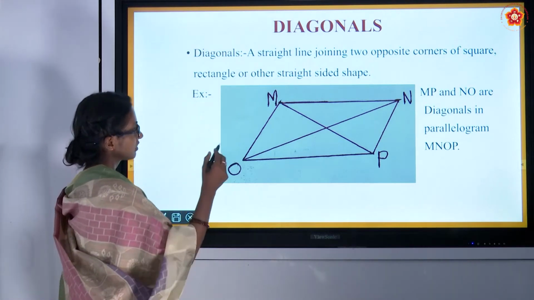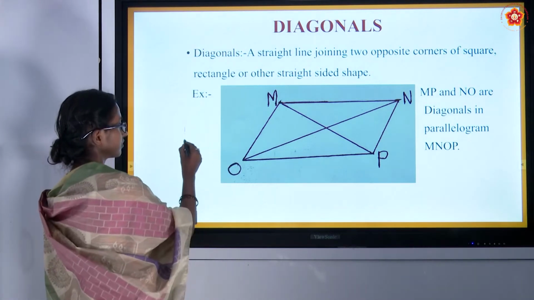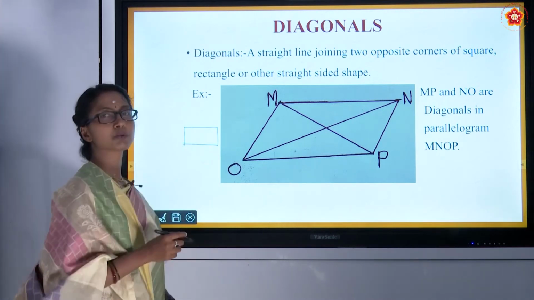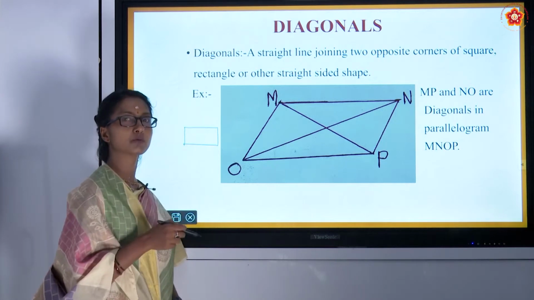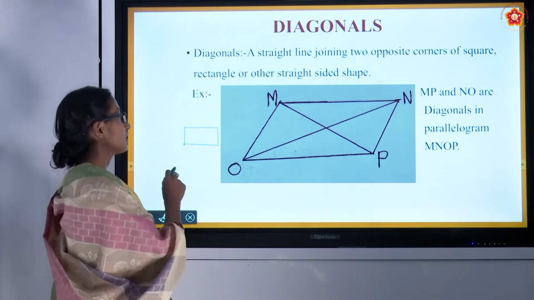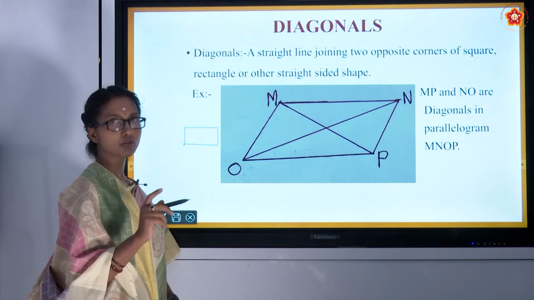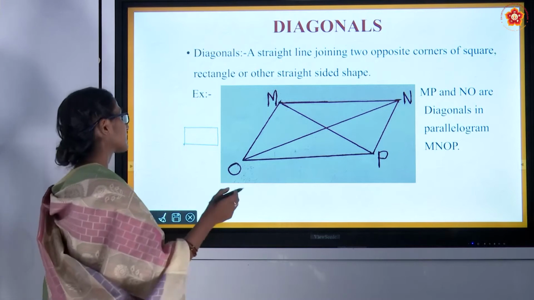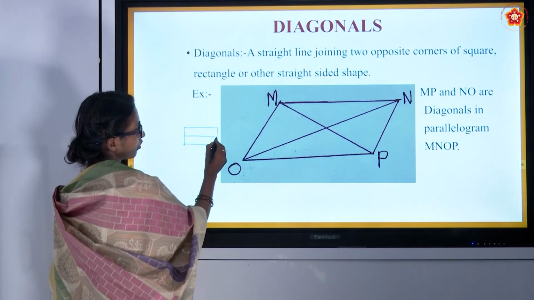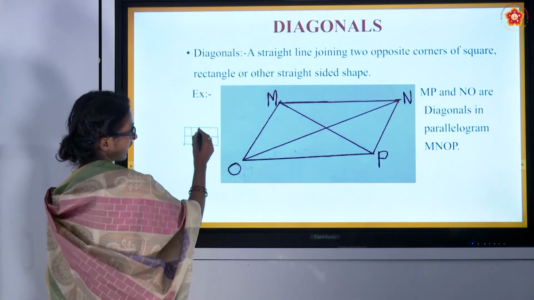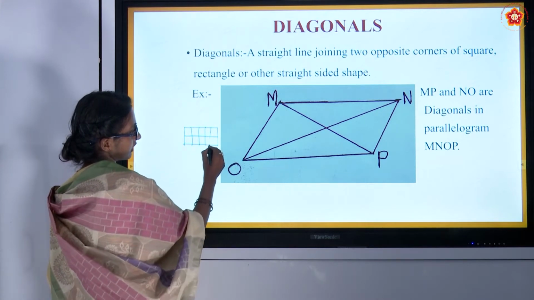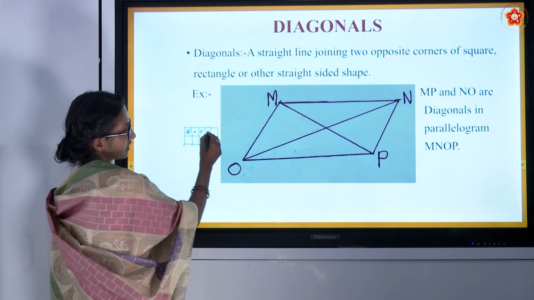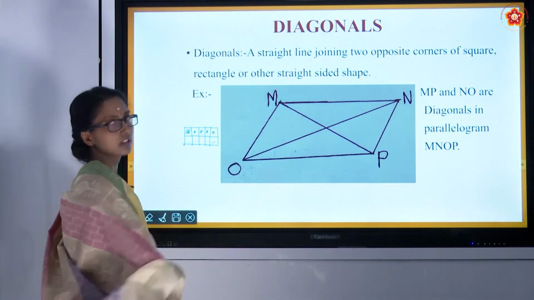One more thing, for rectangle, I hope you remember in the last class we discussed quadrilaterals, in which rectangle was also one. For rectangle you can take a Dairy Milk chocolate as an example. The whole shape of the Dairy Milk will be a rectangle and the small pieces of the chocolate will be an example for square.